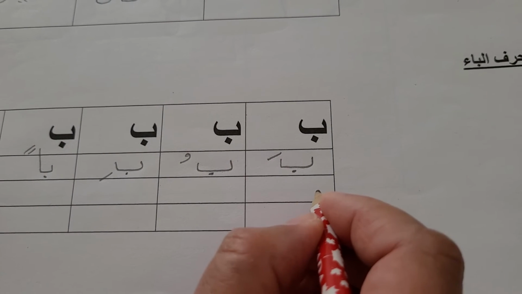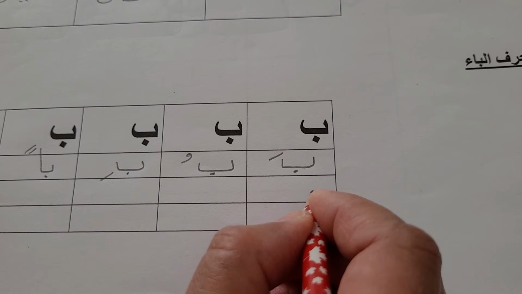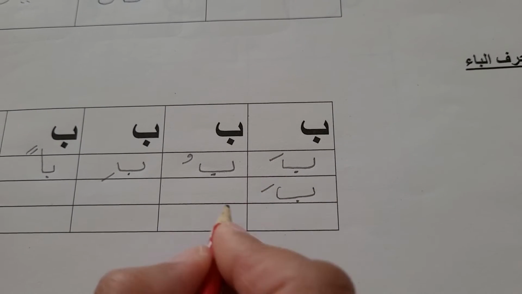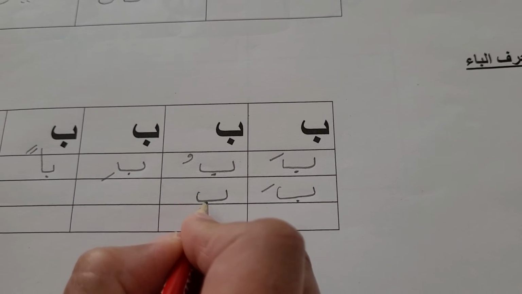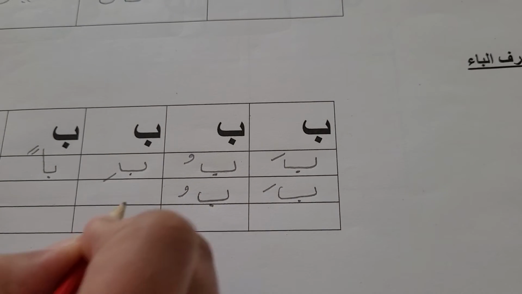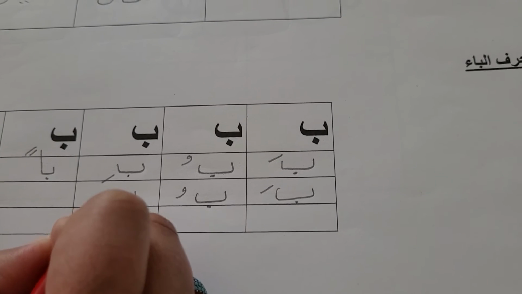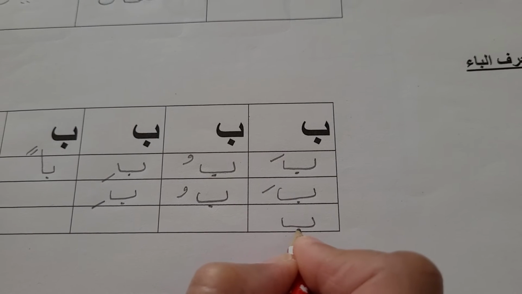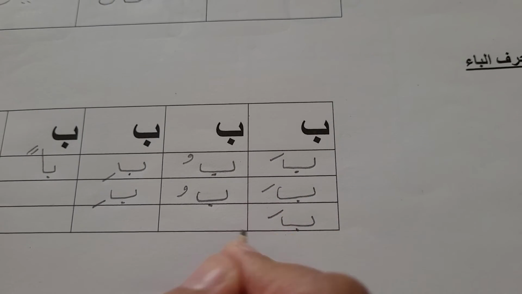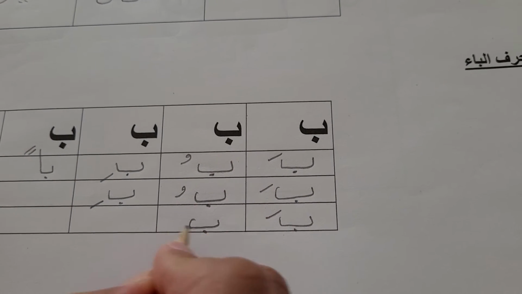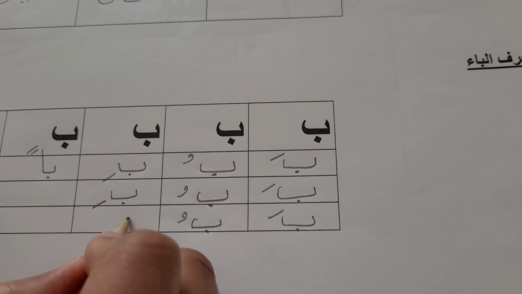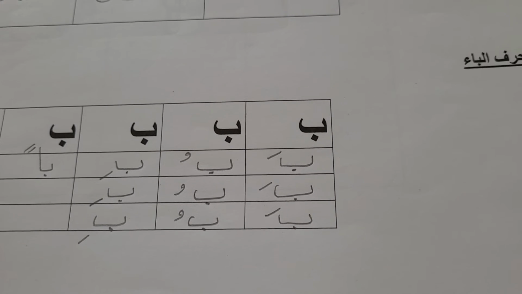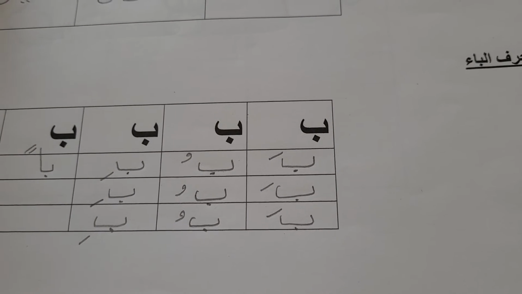The most important now letters with فتحة and ضمة and كسرة. باء فتحة باء، باء ضمة بو، باء كسرة بي. The more you practice, the better you learn. The more practice, the better.